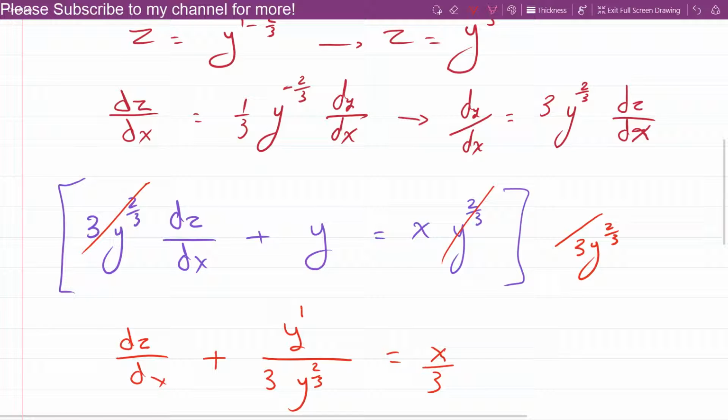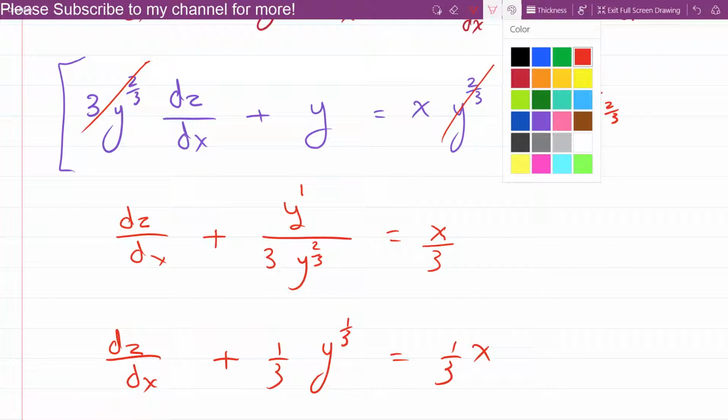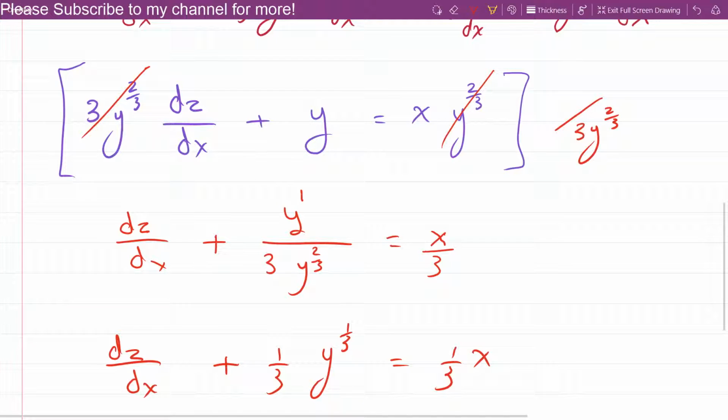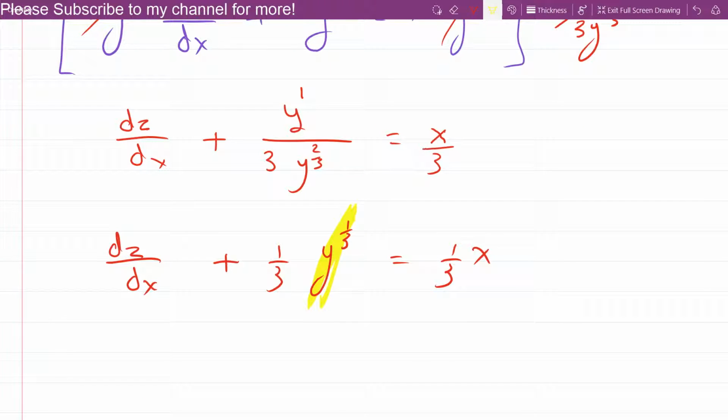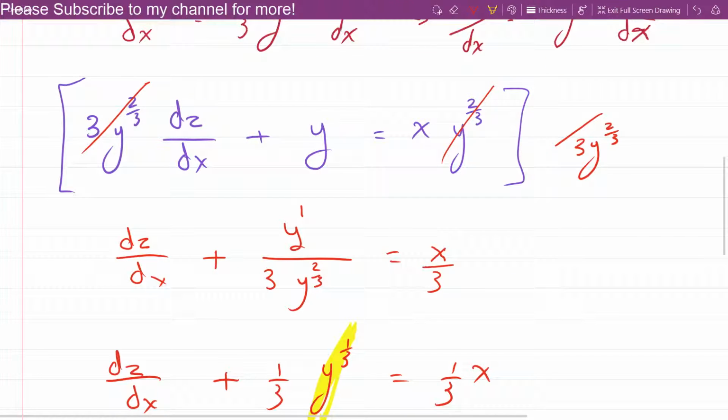The reason I did that is because y to the 1/3 is just z. So I will remove y to the 1/3 and plug in z for it.